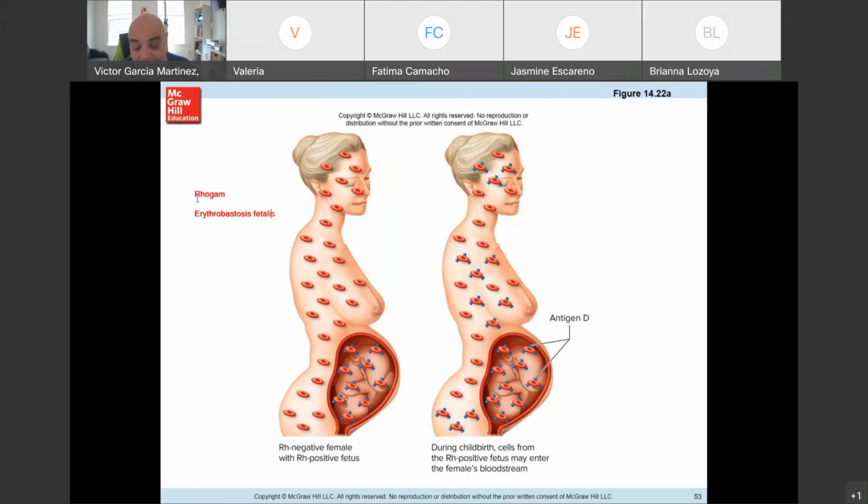And this condition is prevented because we have Rogan, the vaccine or gamma globulin against this phenomenon. Again, it's going to start on the second pregnancy, and it's only when we have a mother who is RH negative, and we have a baby who is RH positive.